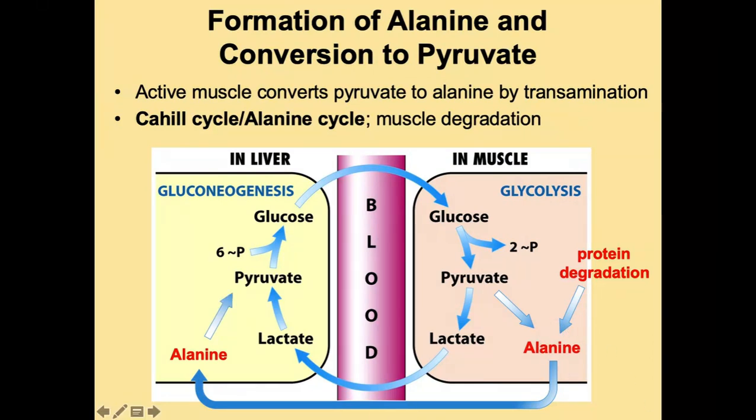Alanine is then taken up by your liver. Alanine can then be converted to pyruvate, and pyruvate then to glucose. So when your muscles are atrophying and you get breakdown, you're basically using proteins as a source of glucose.